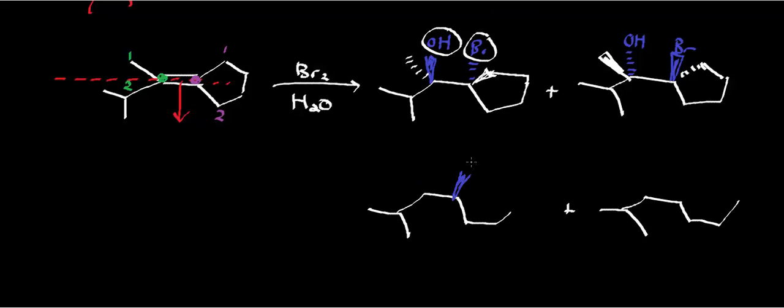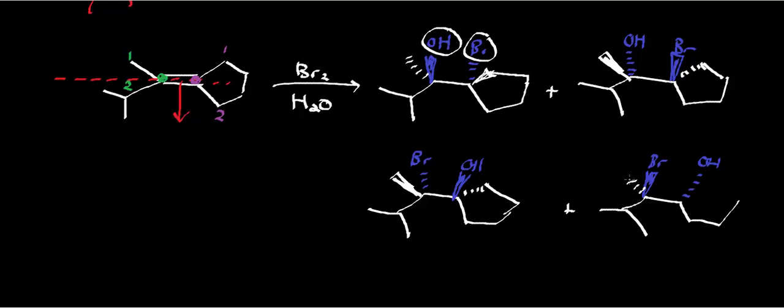Well, then I'd have OH over here, and then I could put the bromine on a dash there. And then I could put the OH on a dash again on the right side, and then put the bromine on a wedge on the left. And then I can fill in everything else. So then this methyl group on a wedge there, and this would be a dash there.